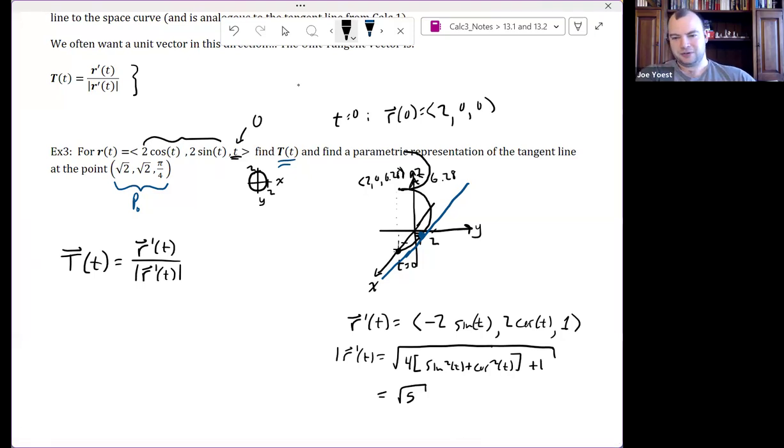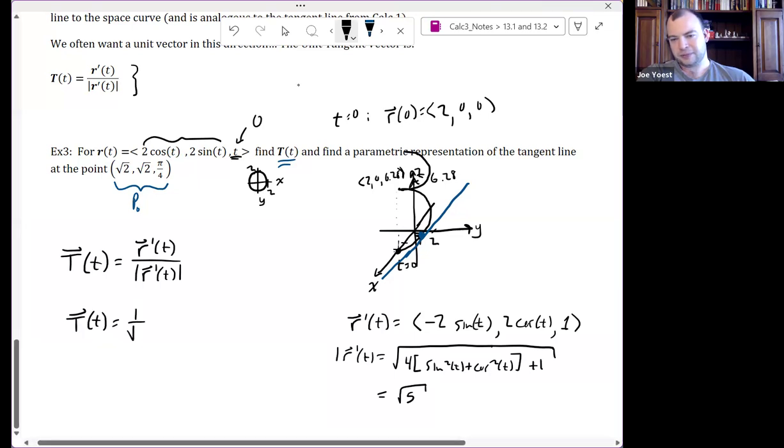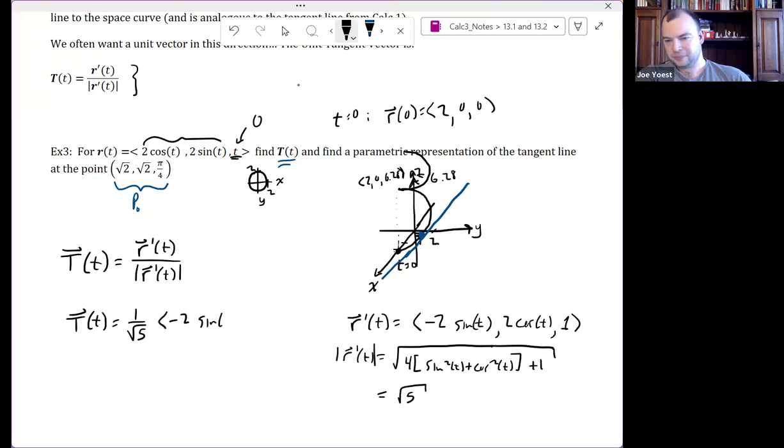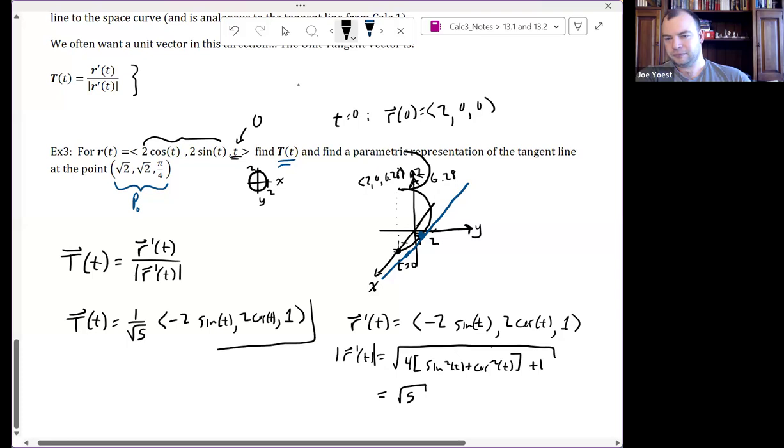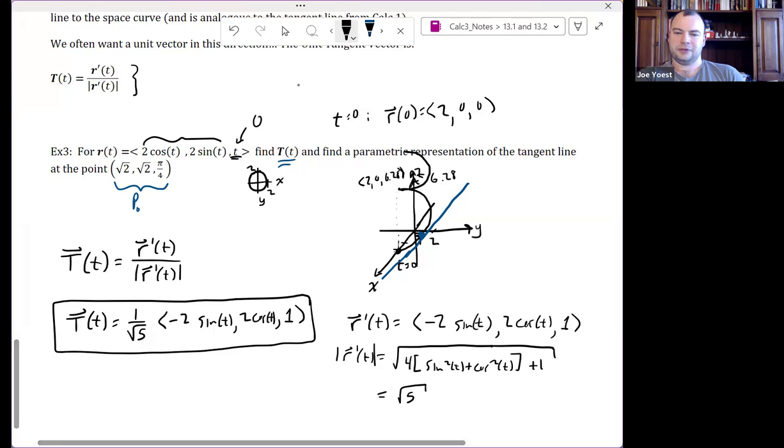So what's my unit tangent vector? It's 1 over root 5, oh, missing one of my length bars there, 1 over root 5 times r prime. So there's my unit tangent vector.